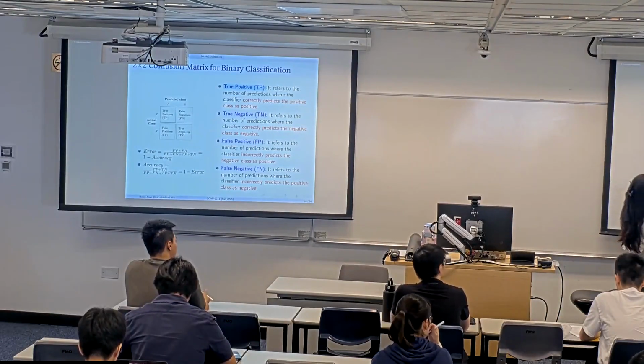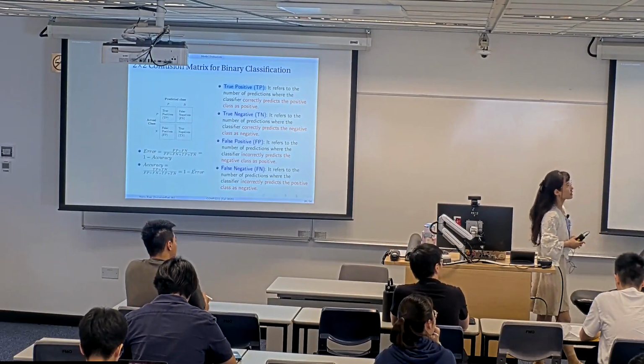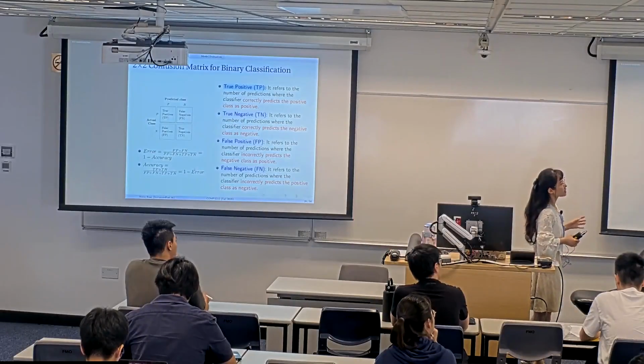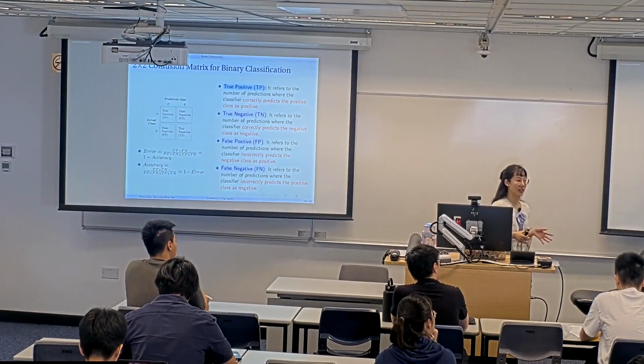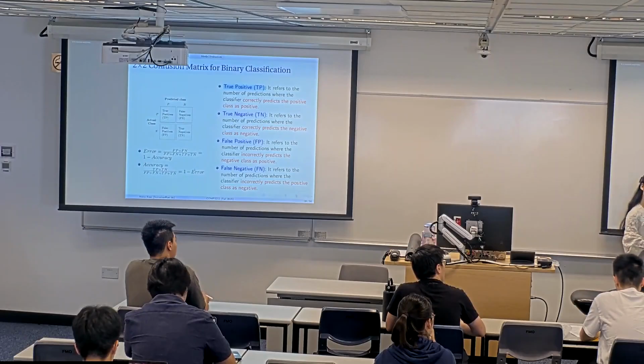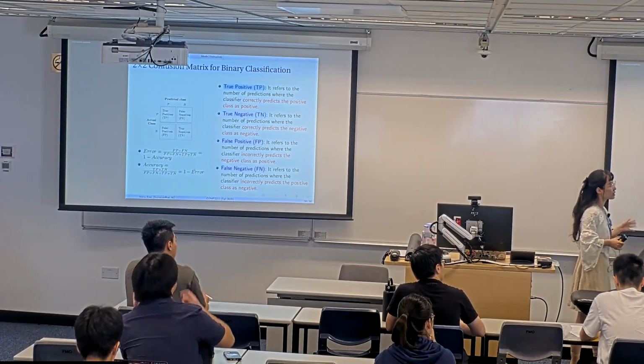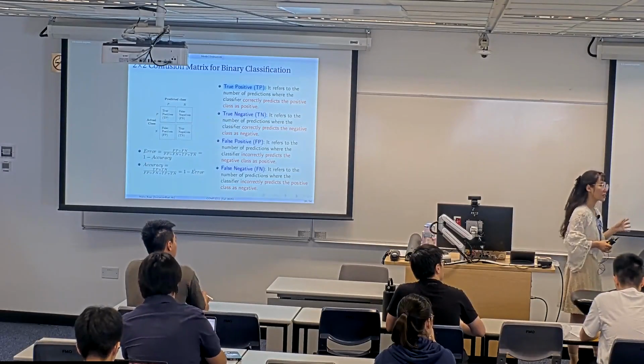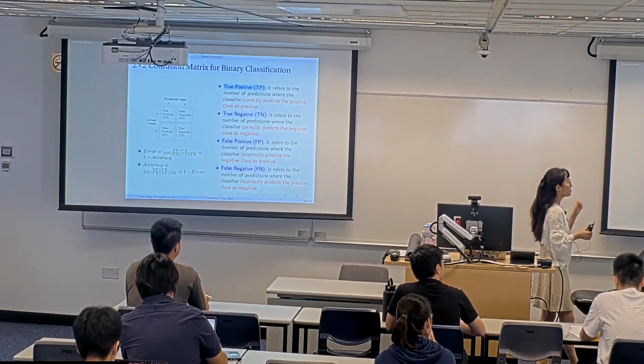It refers to the number of predictions where the classifier correctly predicts the positive class as positive. If you look at this entry, the actual class is positive, and in the meantime, the predicted class is positive. So the model correctly predicts the positive as positive.